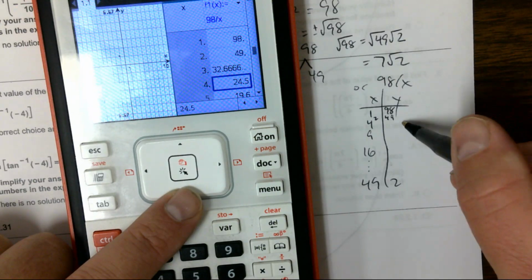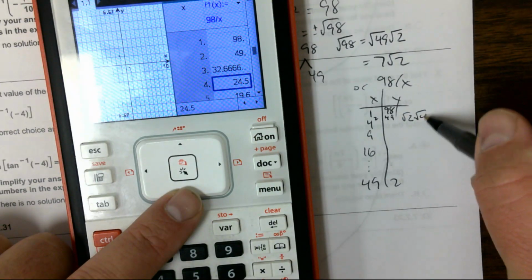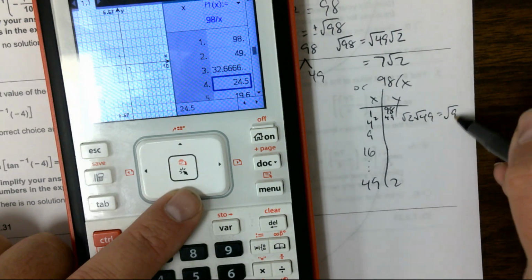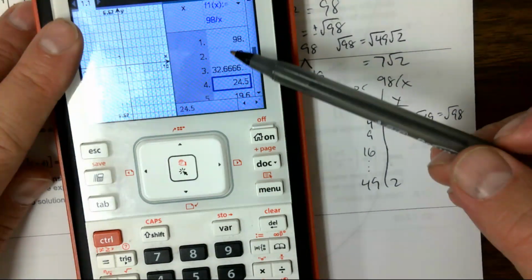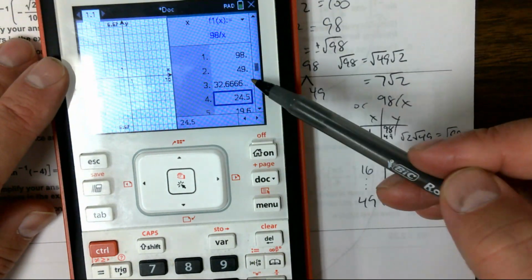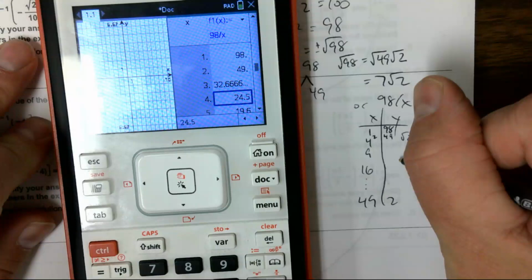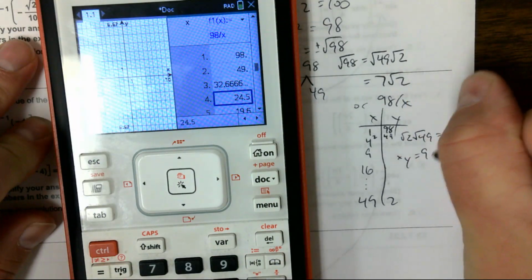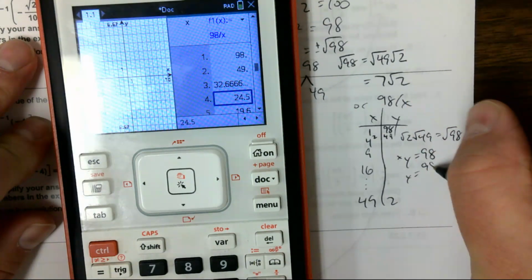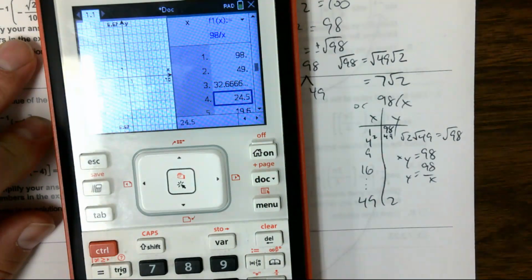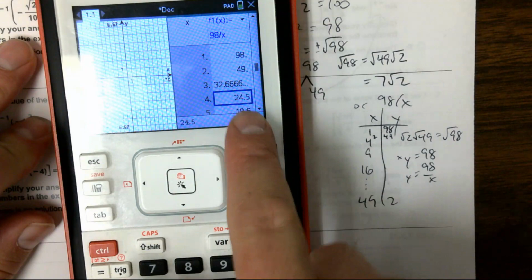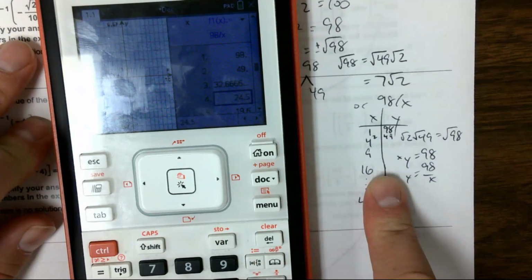So that means square root of 2 times the square root of 49 is square root of 98. So you can use this calculator trick to say x times y equal 98, basically. So y is 98 over x. That's why it works, but it's a calculator trick, to have it do the table for you.